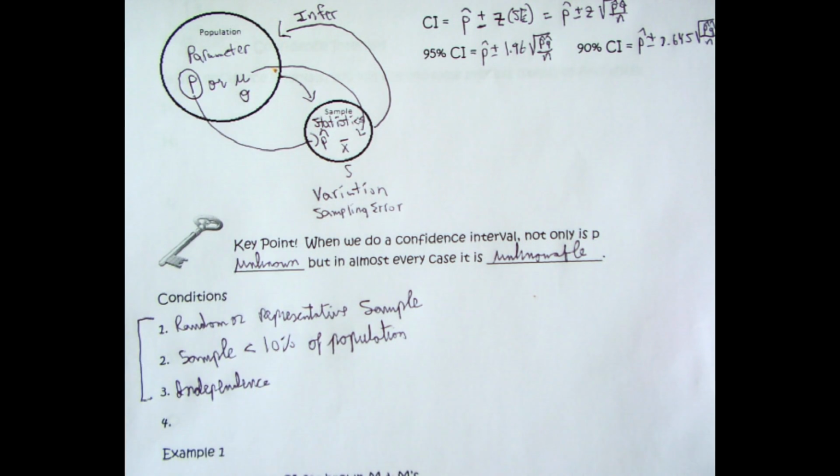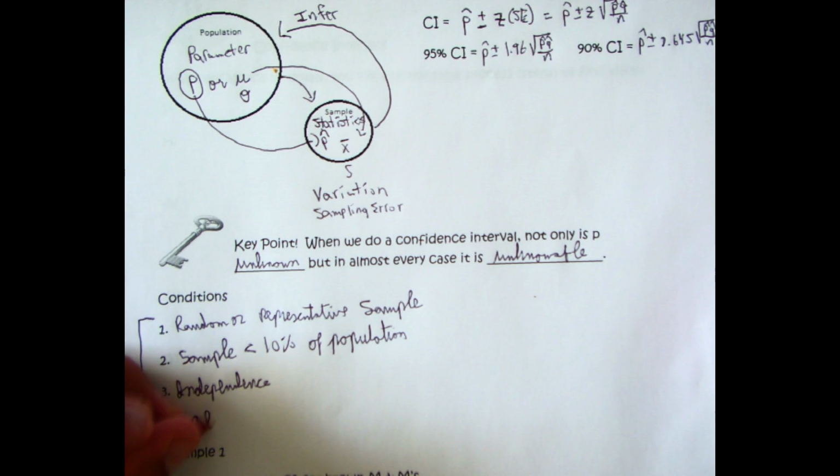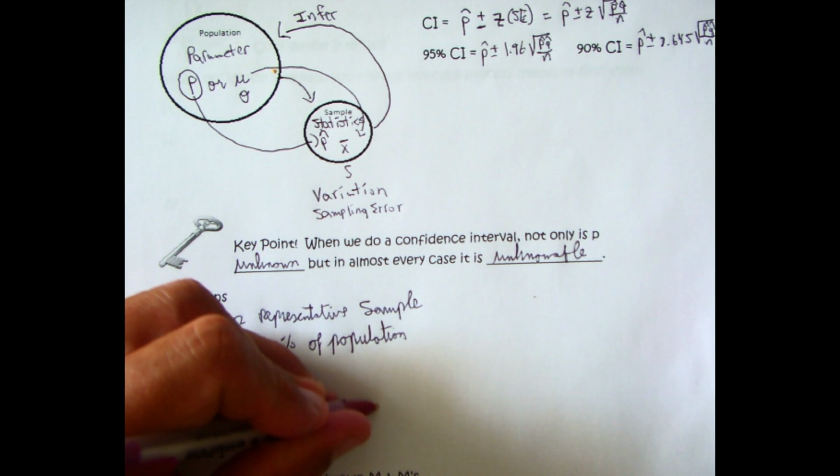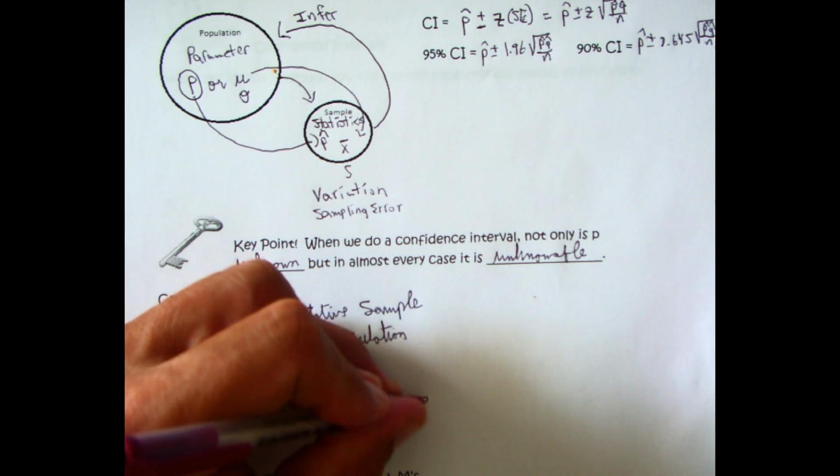We're dealing with p or mu. It doesn't change. Now what will change is this fourth condition. We must always have some condition that allows us to use a normal model. Well, we've already discovered this, right? We talked about this back in chapter 17.